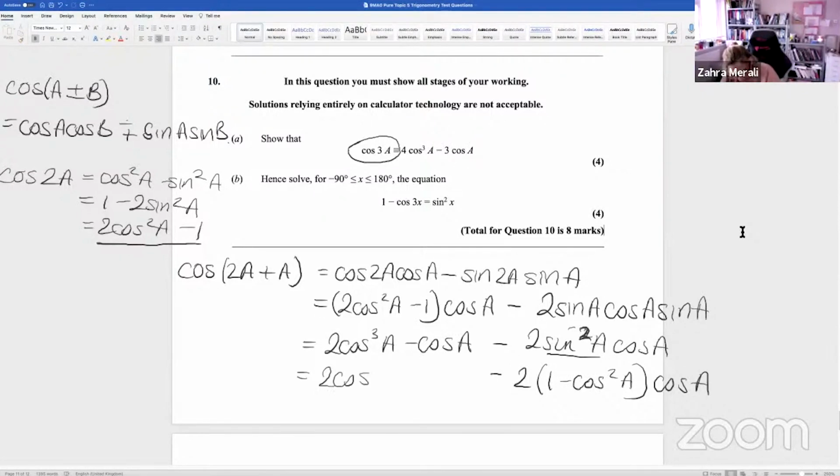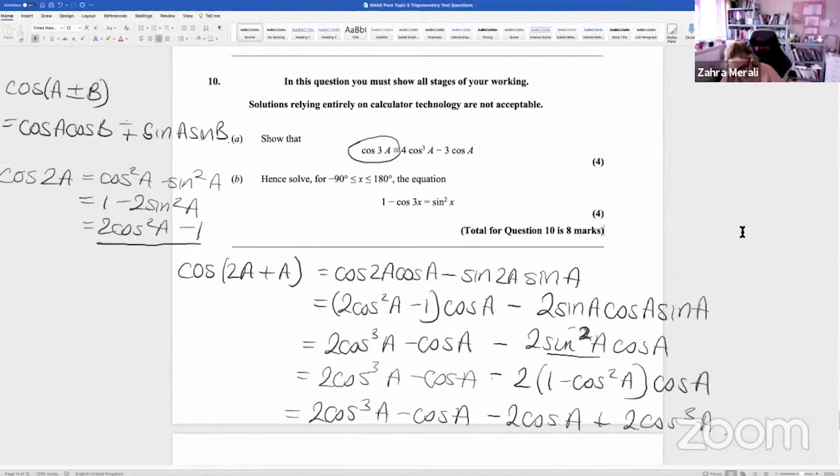And when we open out that final bracket, we get 2 cos cubed a minus cos a minus 2 cos a, minus and minus give us plus 2 cos cubed a. So we've got 2 cos cubed a plus 2 cos cubed a to give us the 4 cos cubed a. We've got minus cos a minus 2 cos a, and so we've got our minus 3 cos a. So you just rewrite the answer as your final bit.